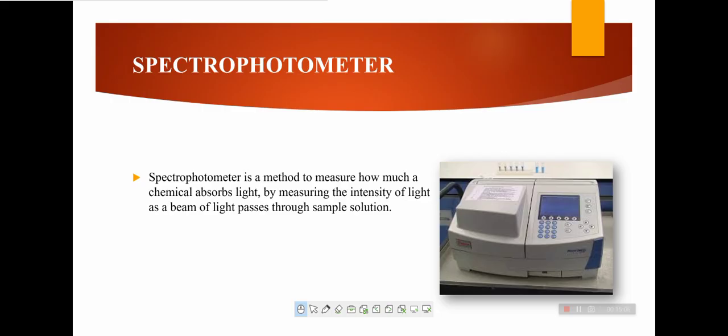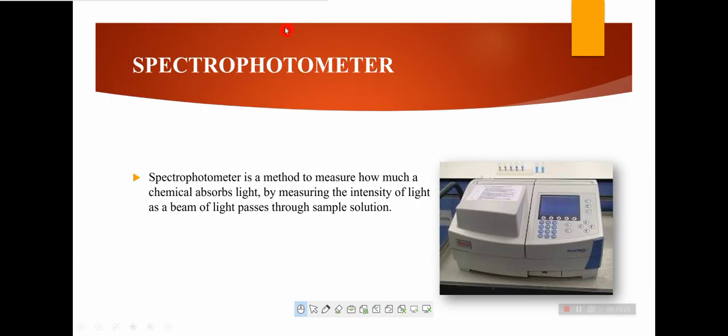The next process under analytical techniques is spectrophotometry. Spectrophotometry is carried out by this instrument called a spectrophotometer, as you can see. It is an instrument which measures how much a chemical absorbs light.